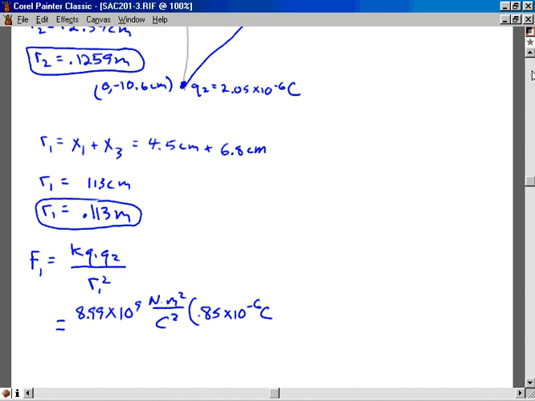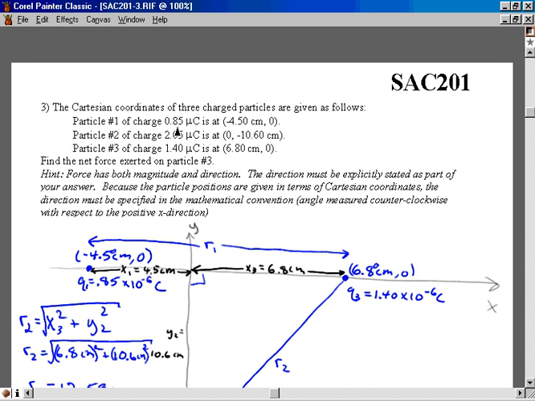It was given as 0.85, just two sig figs. 0.85 microcoulombs, and micro means times 10 to the minus 6.